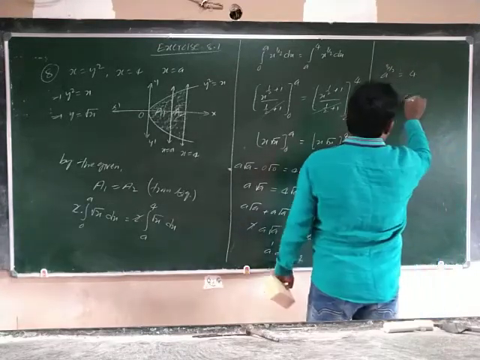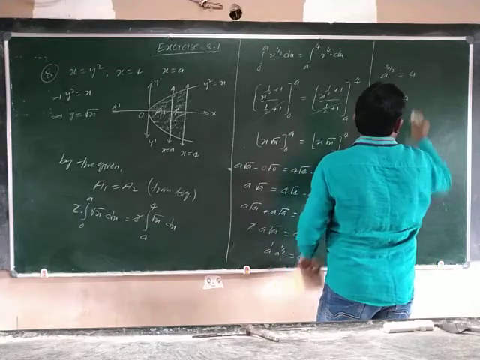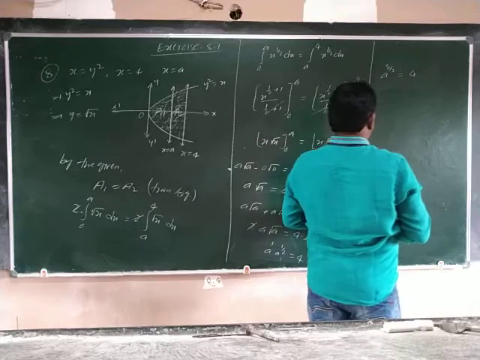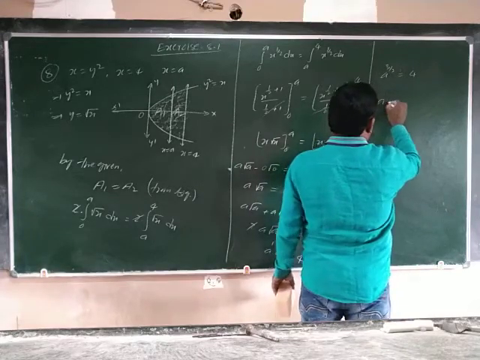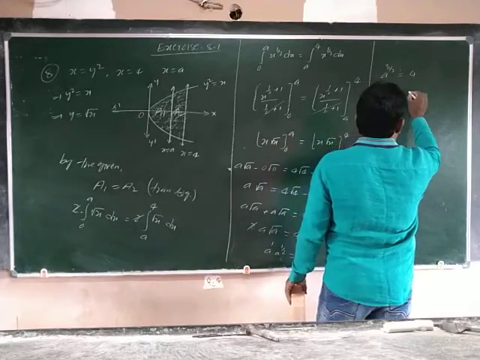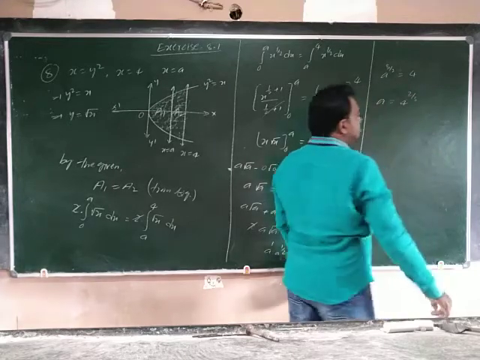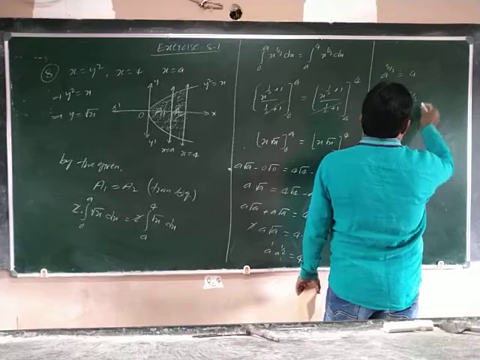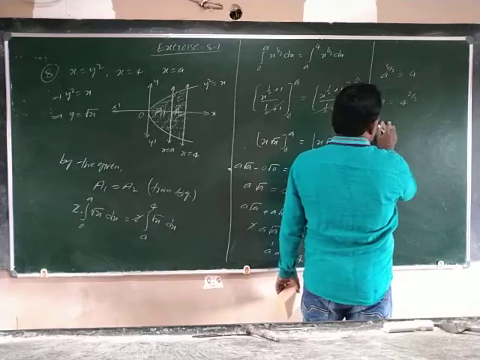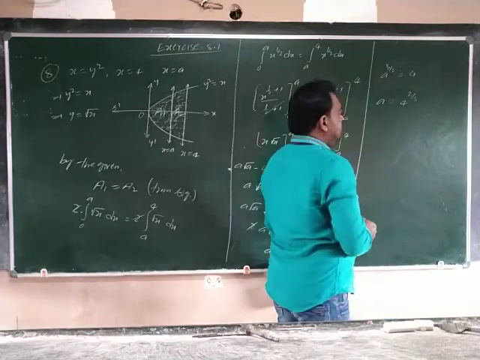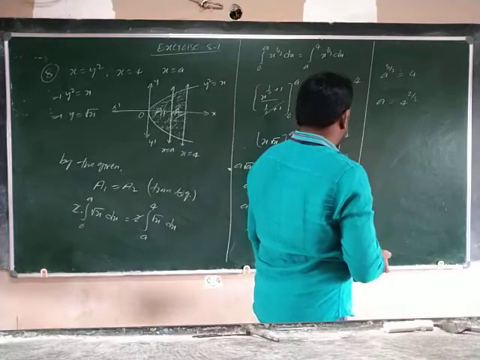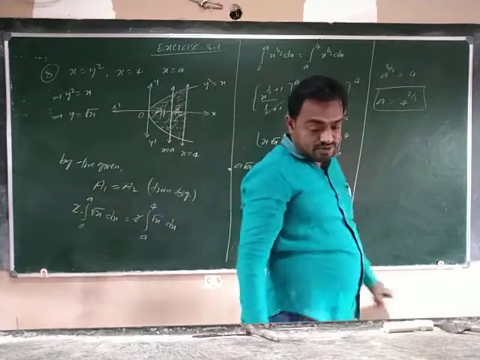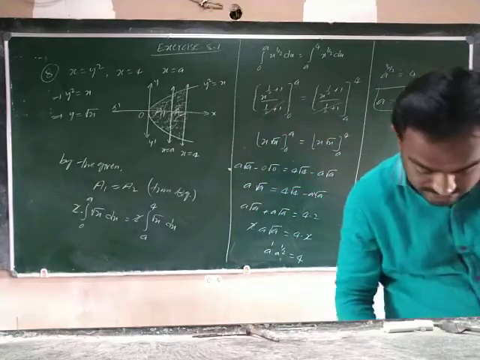Then a is equal to 4 to the power of 2 by 3. So this is the a value. So a is equal to 4 to the power of 2 by 3 is the answer.